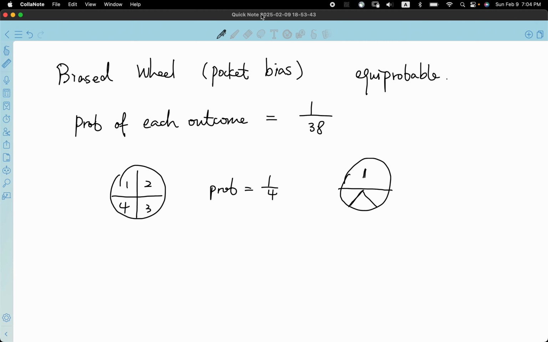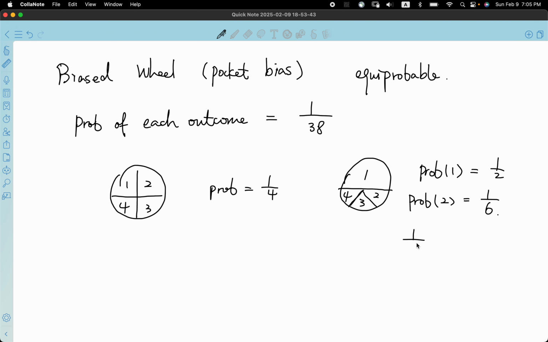So for example, the pocket for the number 1 has this particular area, and the pockets for 2, 3, and 4 have these areas. So you will notice that the probability for landing on 1 is equal to 1/2, while the probability for the other numbers, let's say 2, is equal to the probability for 3 and 4, which is 1 over 6.